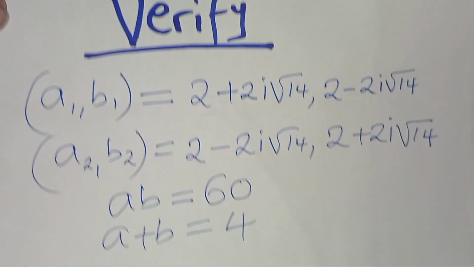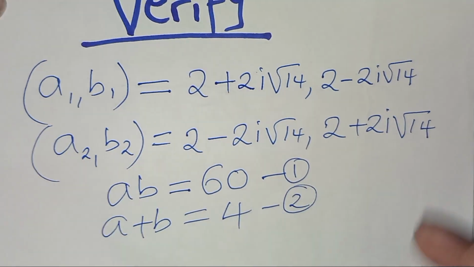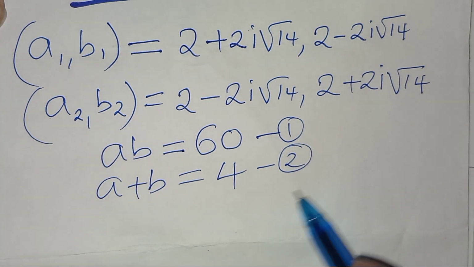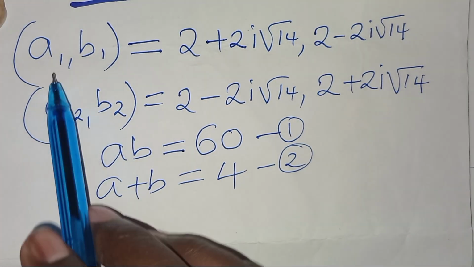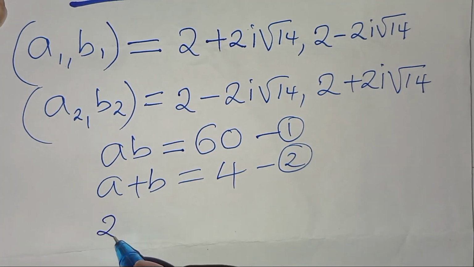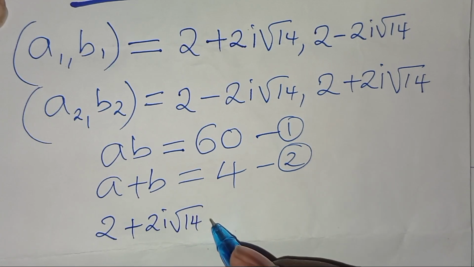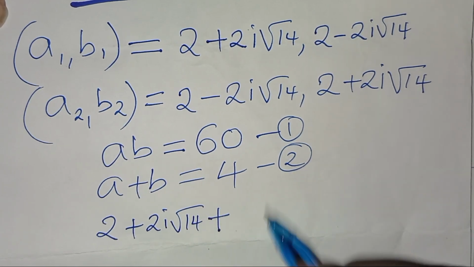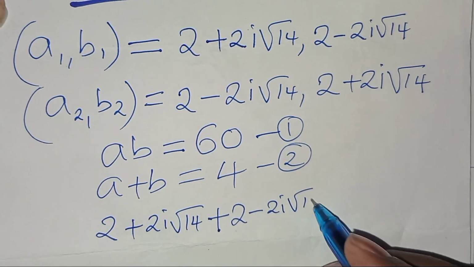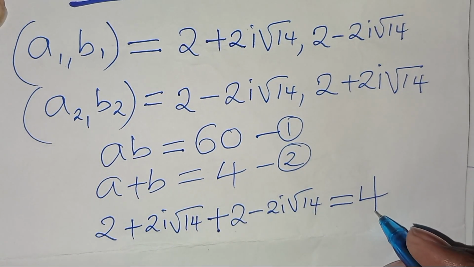So this is equation 1, and this is equation 2. Now let's check. From equation 2, let's substitute A1, B1. A1 is 2 plus 2i square root of 14 plus B1, which is 2 subtract 2i square root of 14. This should give us a value of 4.